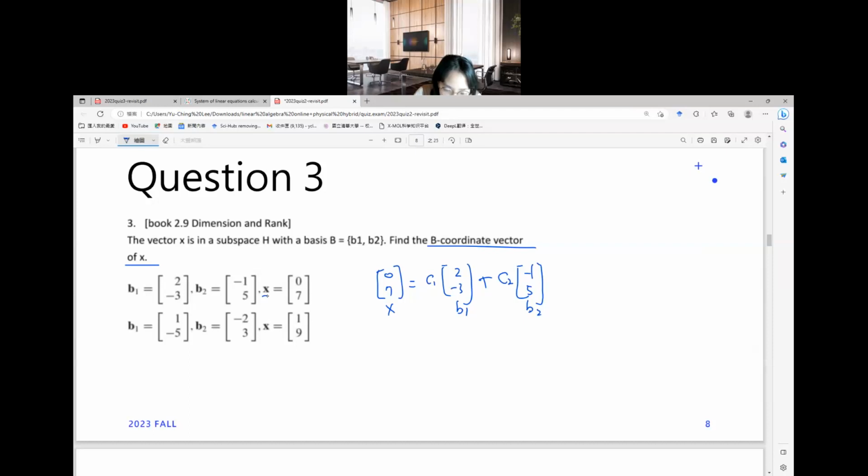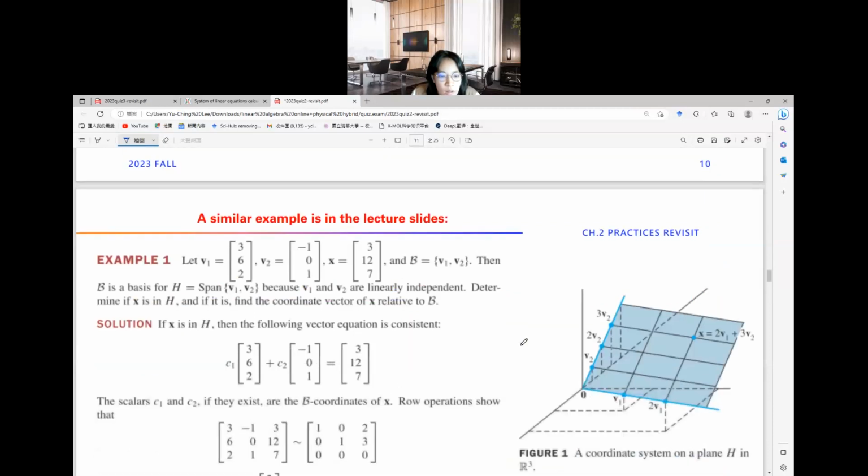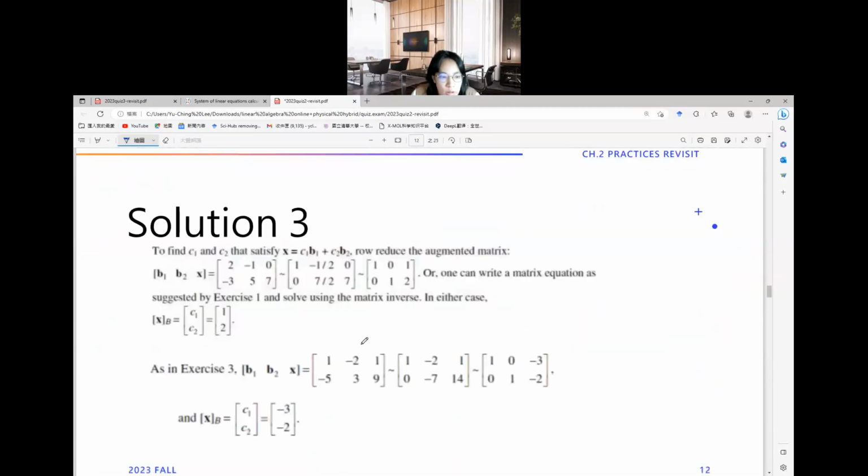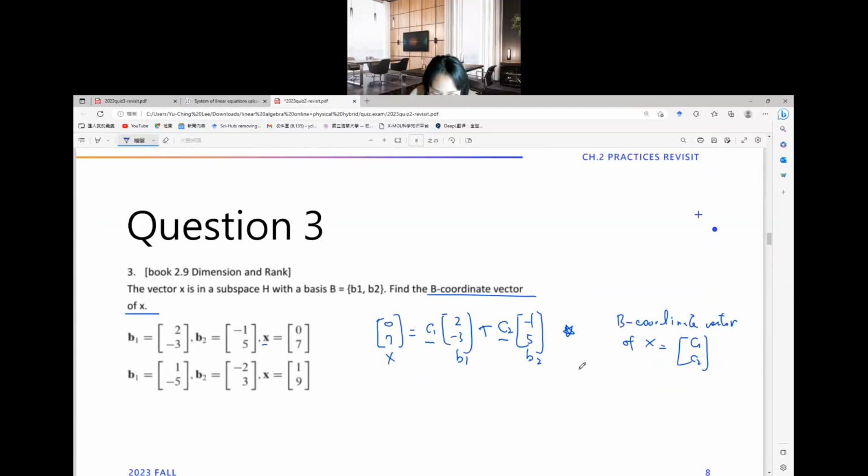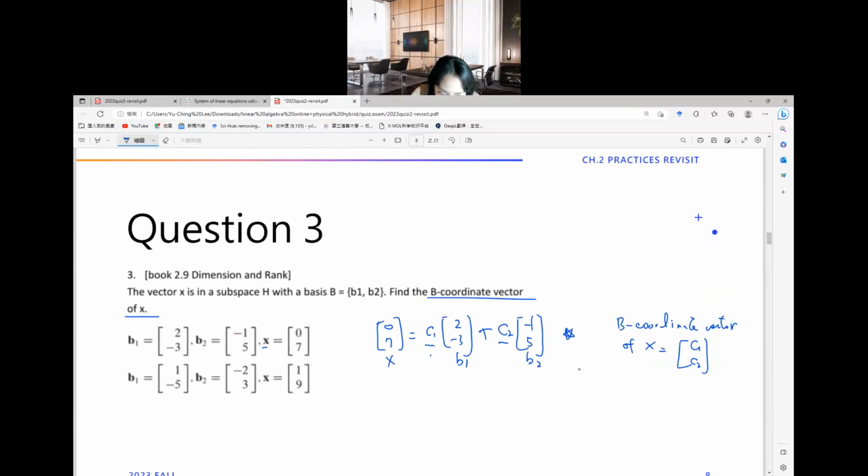There will be a unique value of C1 and C2 such that this equation holds, and the B coordinate vector of x will be the vector collecting C1 and C2. The computations can be made below. Here C1 and C2 equal 1 and 2.